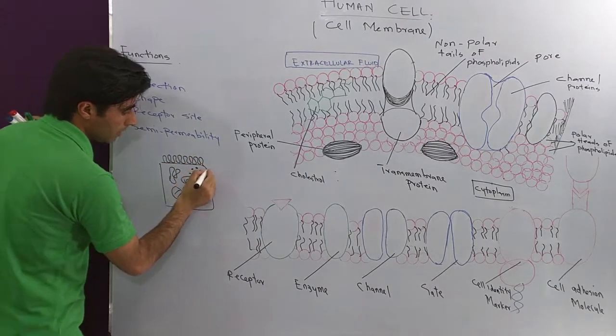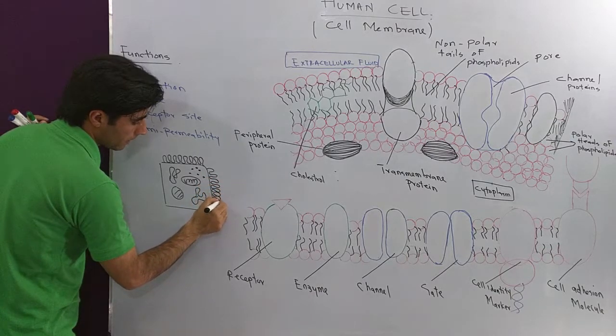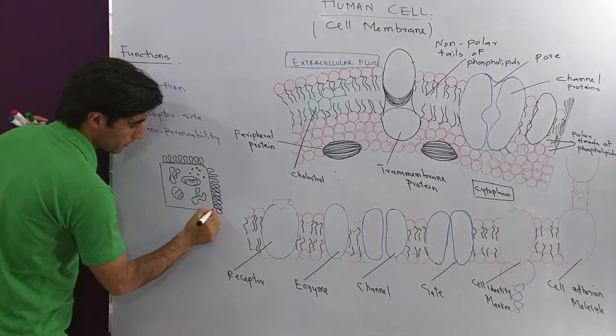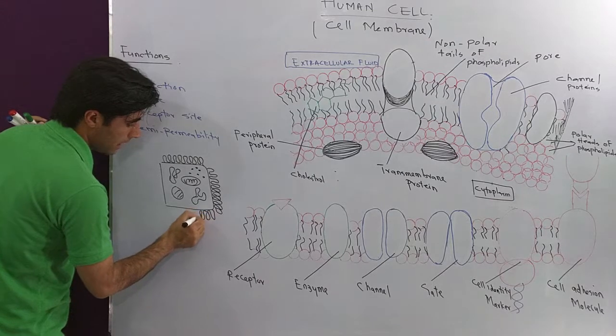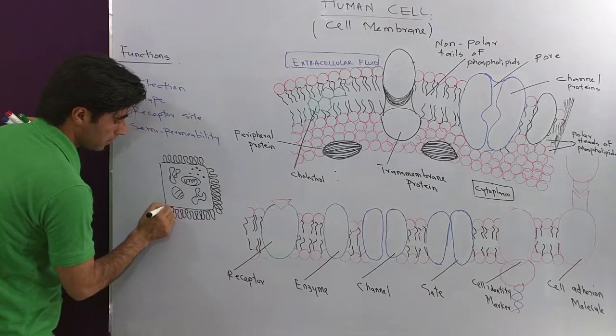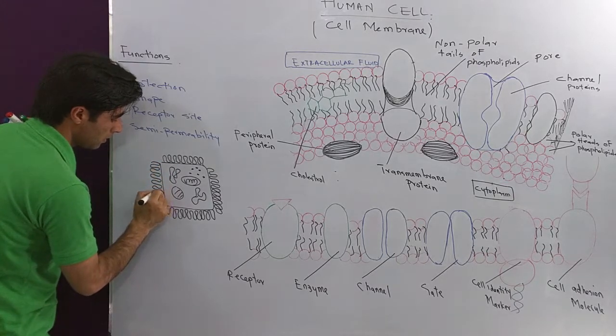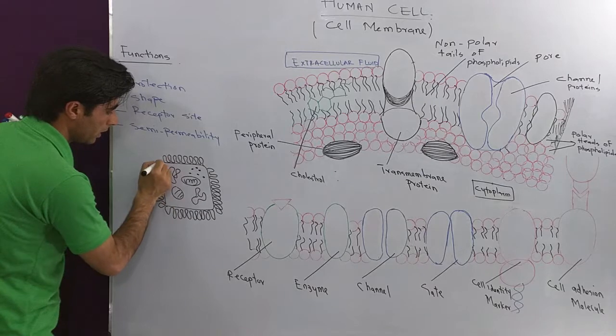This is the cell membrane. So now just be attentive. This is the outer covering of a specific cell, that is, a cell of our body.